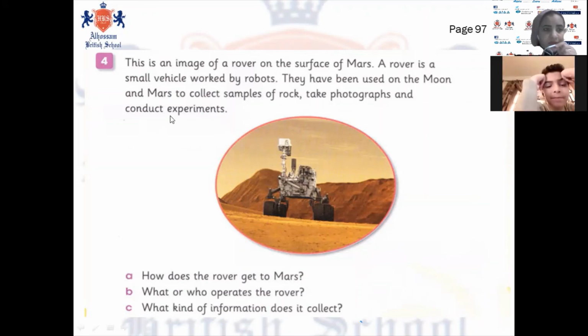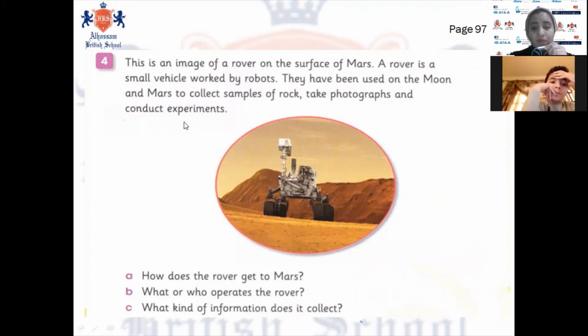Can you complete, Yasin? Do you know the answer? Okay, Adham. How does the rover get there? By a spaceship. Excellent.